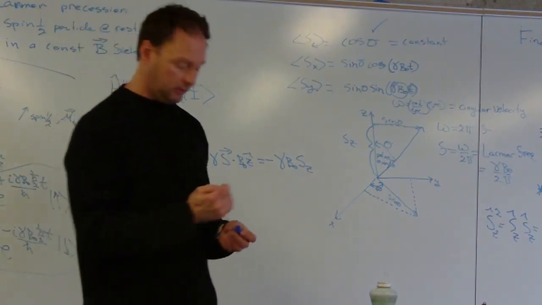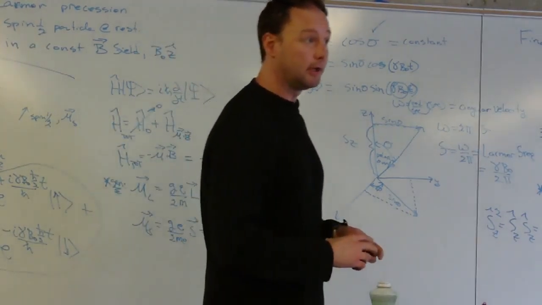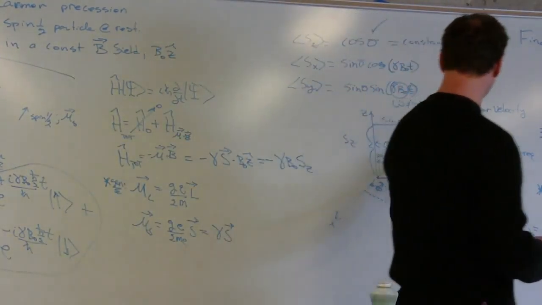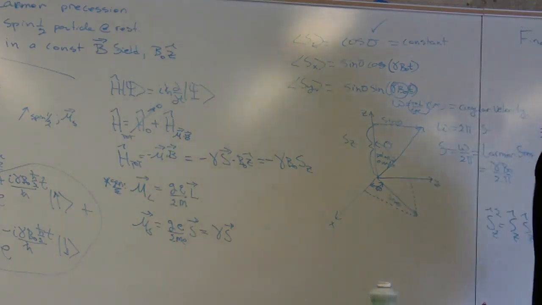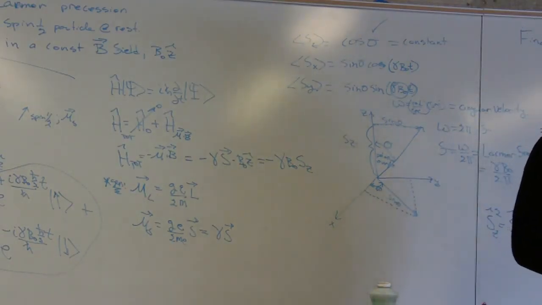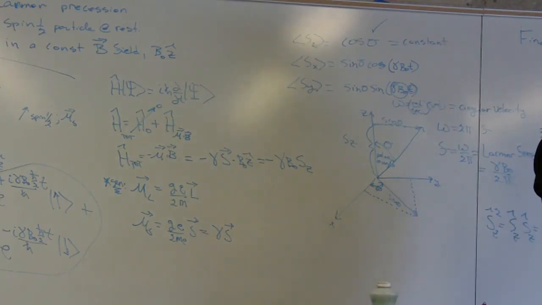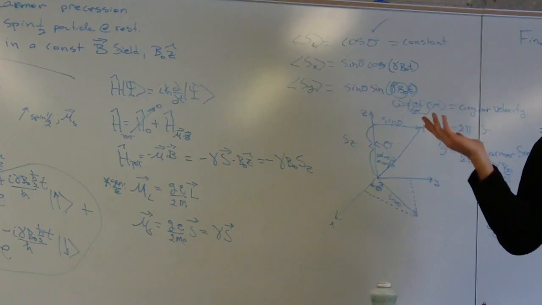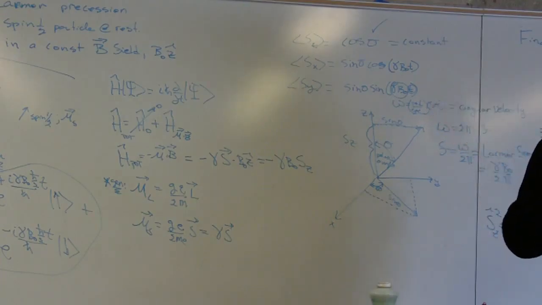Okay, so when you put a spin particle with a magnetic dipole moment in a magnetic field, the picture of how this thing reacts is that it rotates about that magnetic field. You get a rotation about the magnetic field, and the rotation frequency is proportional to, most importantly, the magnetic field.